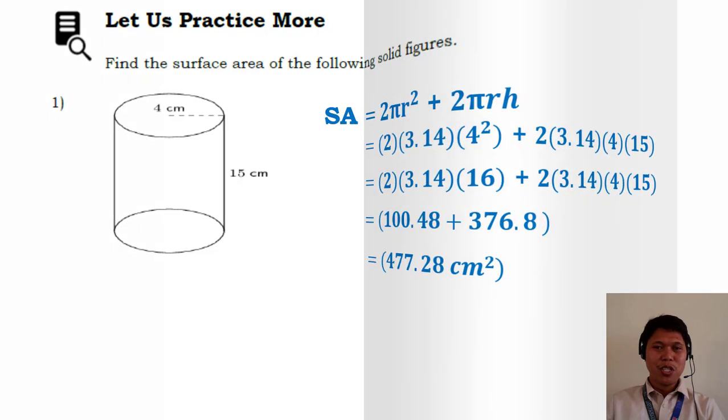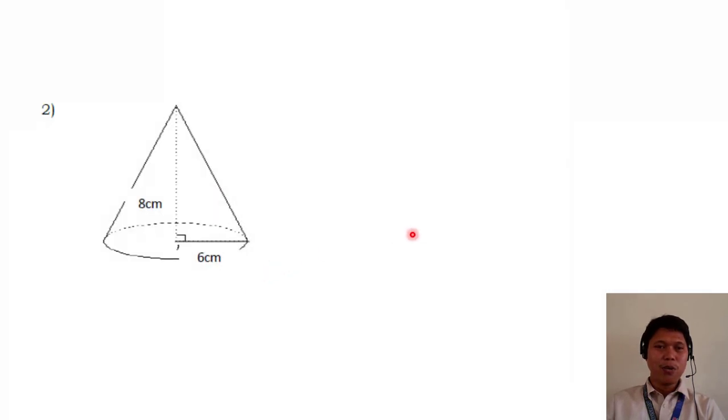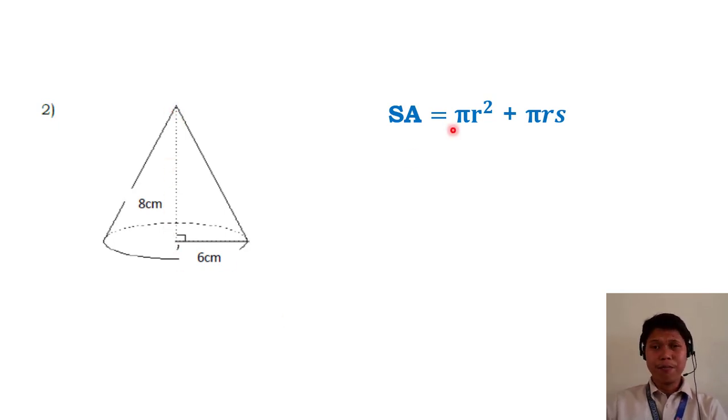Okay, we are going to proceed to the next figure, which is a cone. Okay, take note the height, we are going to assume that this 8 centimeters is the slant height. Okay, because if it is the height of the cone, then we need to apply first the Pythagorean theorem.